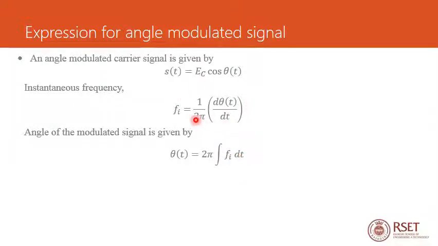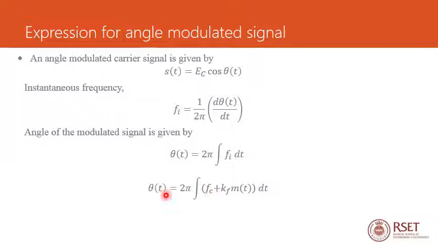So from this relation we can write the expression for theta of t, which is equal to 2 pi integral Fi into dt. So this theta of t is equal to 2 pi integral, where Fi is equal to Fc plus Kf into m of t, which we already saw in the first two slides.